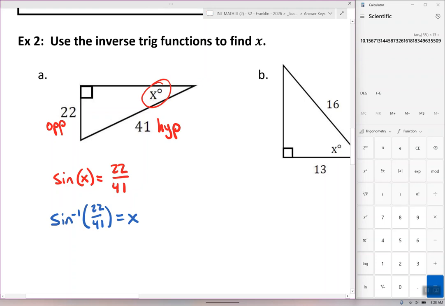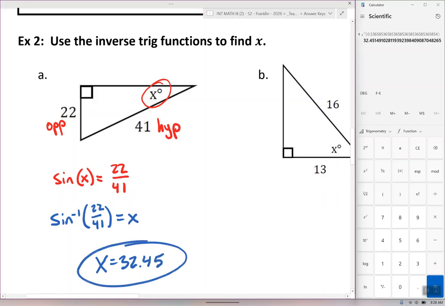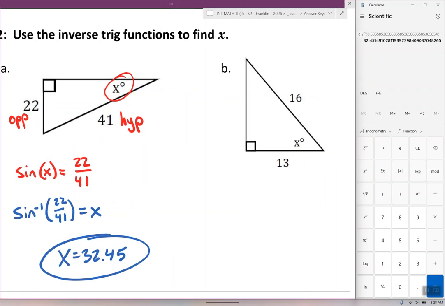So on the calculator, first we'll find 22 over 41, and then we'll do the inverse sine function. On this calculator, it's found by pressing the second key, and then sine minus 1, or inverse sine function here. And that gives me 32.45. So that reference angle, that x degrees, is 32.45. So very similar setup, just a slightly different button push on the calculator.